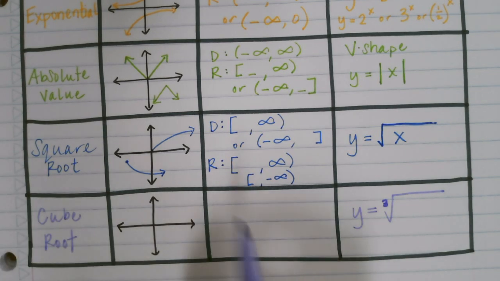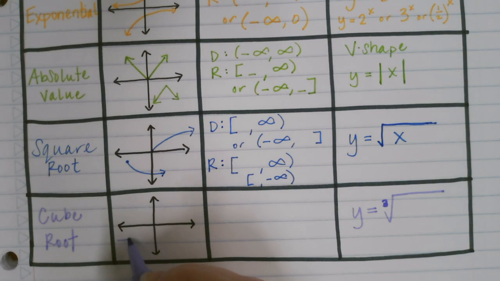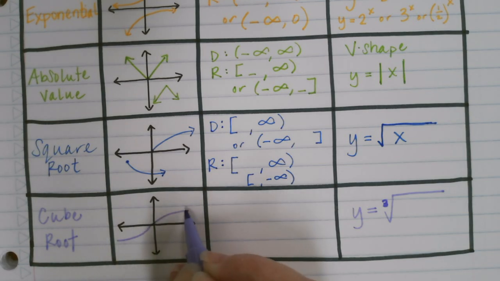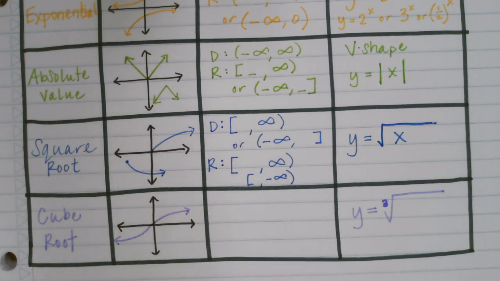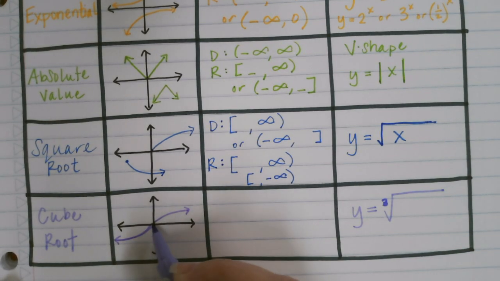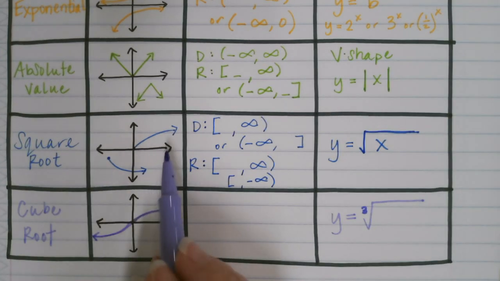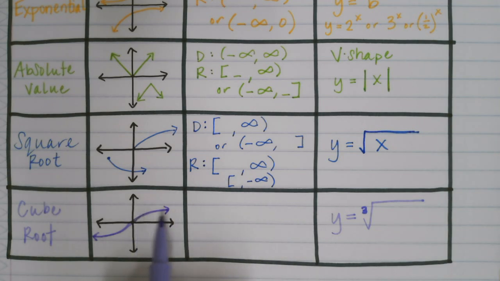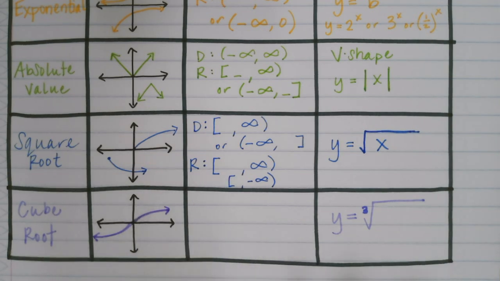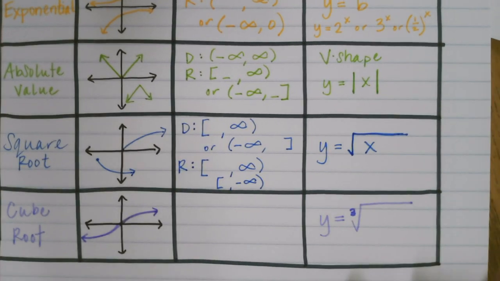All right, now on a graph, it's going to look something like that. So it's going to kind of curl up. It does go through the center, and then it kind of rolls a little bit. So it's similar to the square root function, except it's almost more of like an S shape in a way.